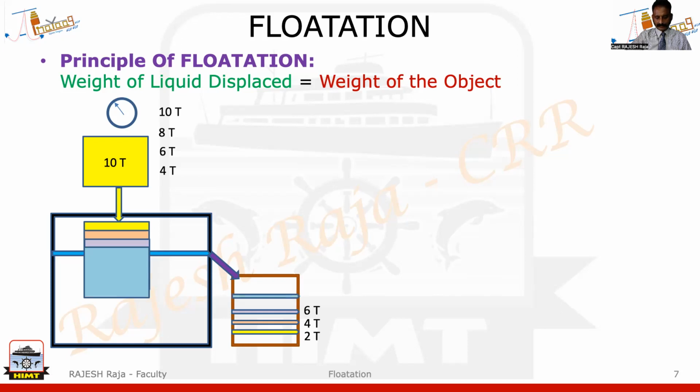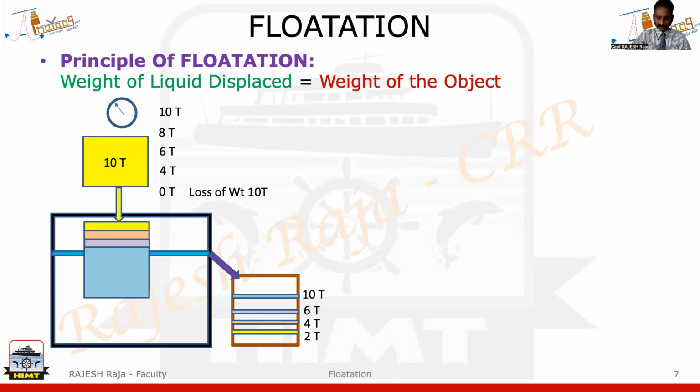And in this stage, let us say the crane spring balance is showing me 0 tons. Now please see what is the loss of weight. The loss of weight is 10 tons. That means the liquid displaced is also 10 tons. This is the condition where I can convert the Archimedes principle into the law of flotation.